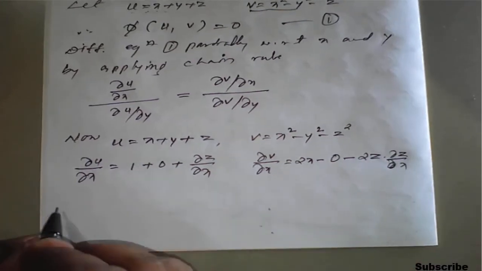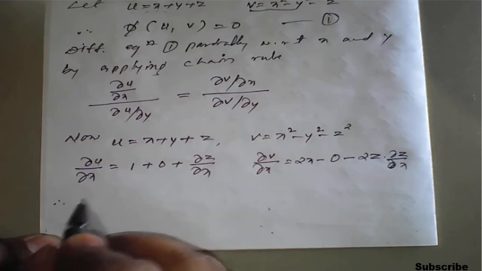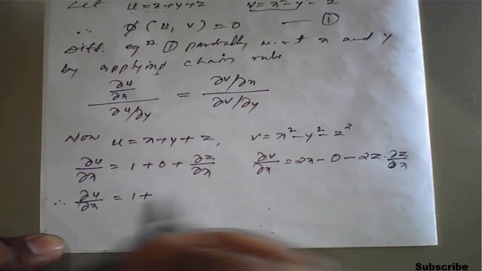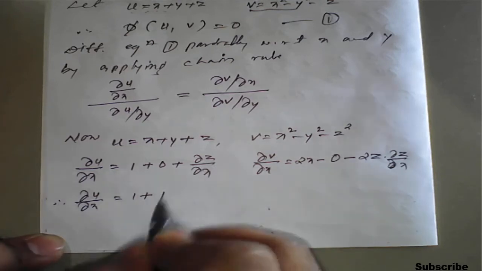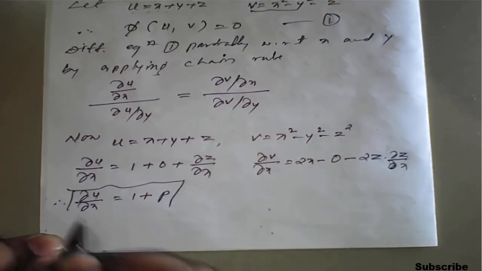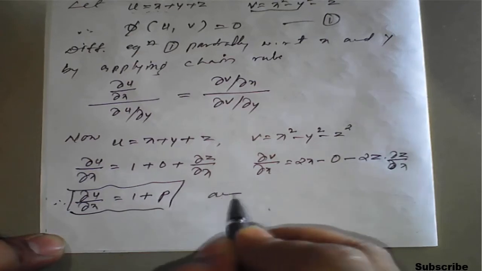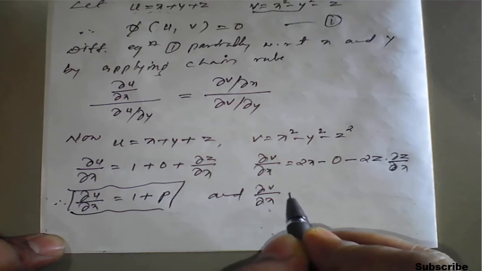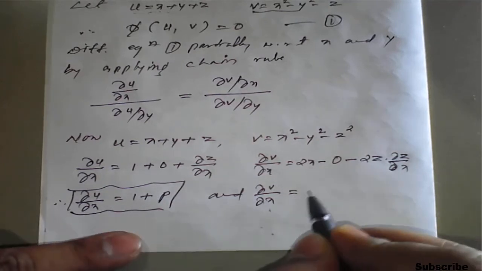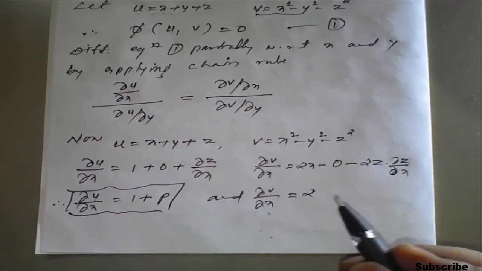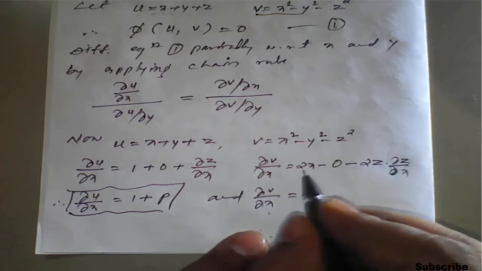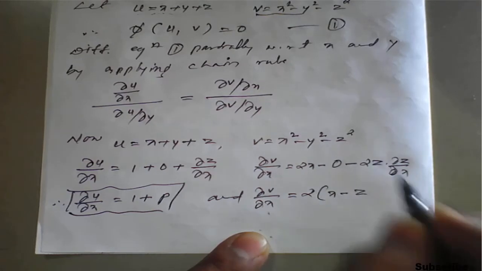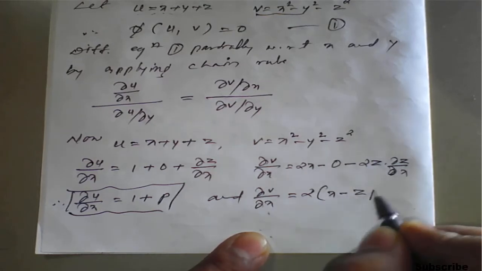Therefore dou u by dou x result is 1 plus dou z by dou x, which is nothing but p according to the notation, and dou v upon dou x is equal to 2 times, take 2 common, it will be x minus z, dou z by dou x is again p.